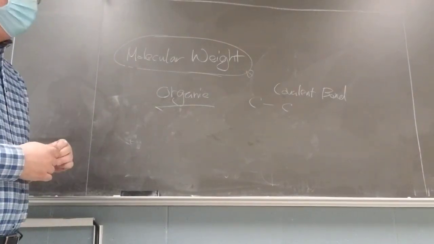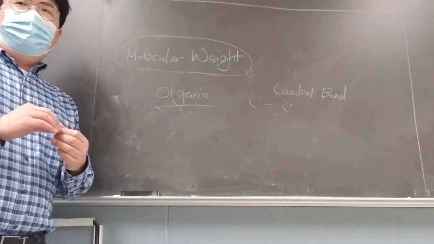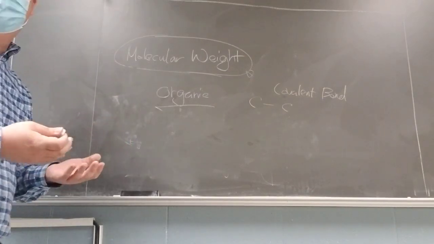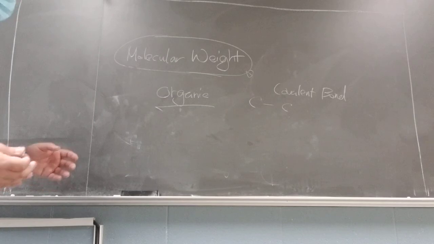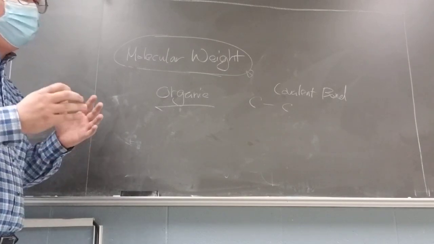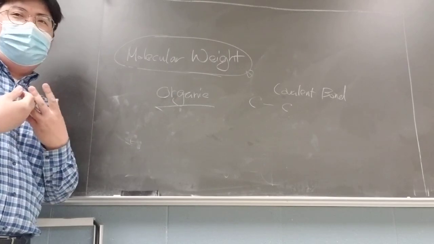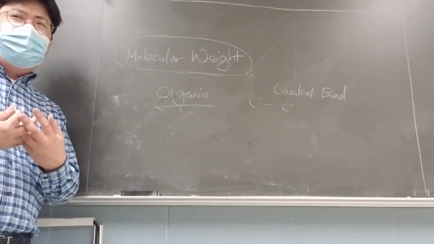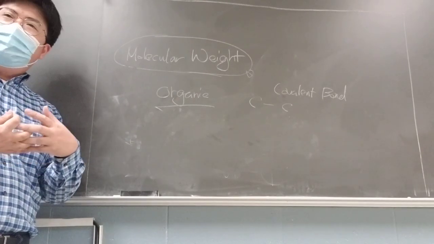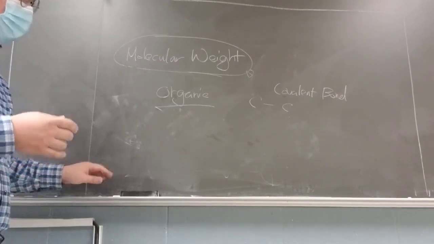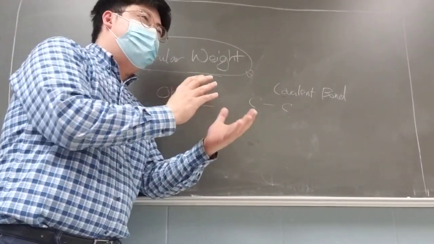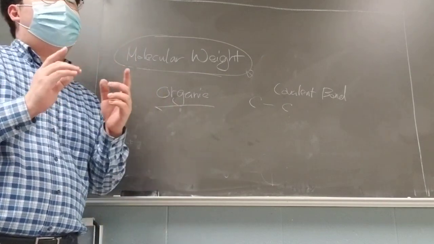But to be honest, I don't know why this is so important, to make a distinction between formula and molecular weight, because this is my opinion, as a chemist, I think an ionic bond is also a chemical bond, and it could possibly be only slightly different from the covalent bond.